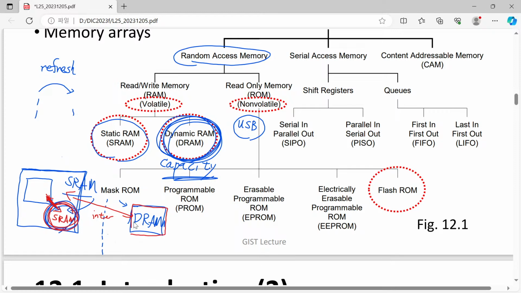Of course, if you have certain data which is seldom used, however you need a really huge amount of data, then that should be placed in your USB or non-volatile memory. So now, depending on the distance from your logic, its speed and its capacity, we can find many different memory uses.